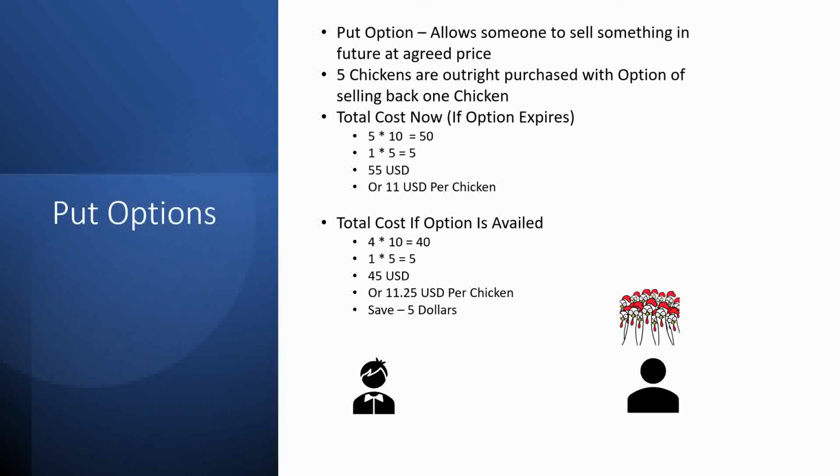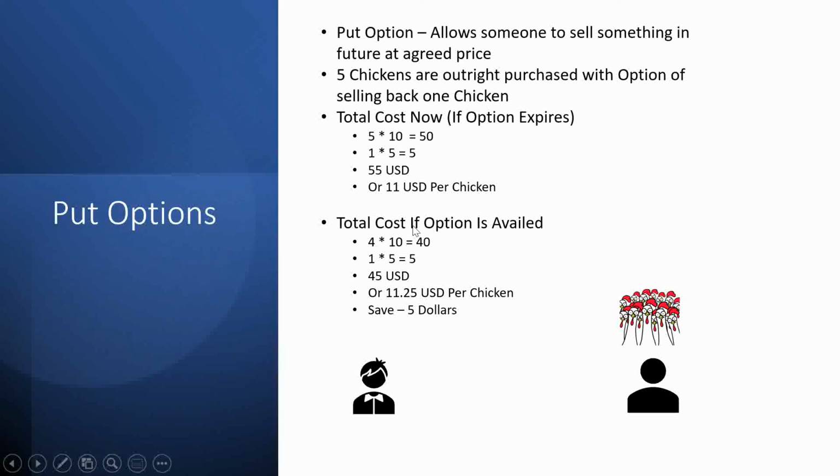But because we agreed, because I purchased a put contract instead of just showing up at Mr. Larry's door, he will have to purchase it from me at the $10 agreed price. So it saves me from any price fluctuation on the downside as well, while paying some extra cost upfront.